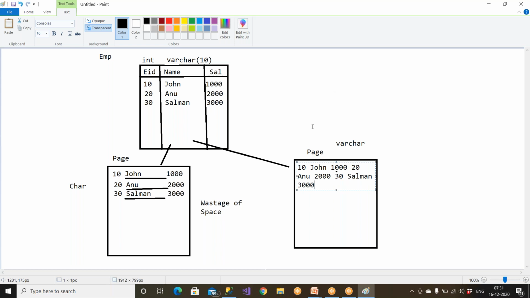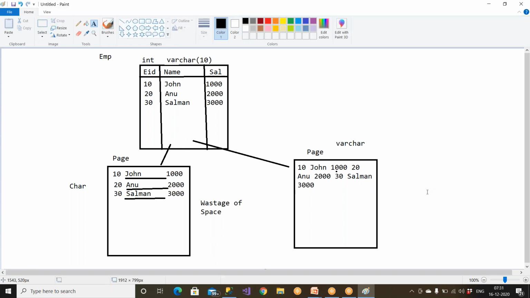Like that, it is not going to leave any space at all. When you go in for varchar data, it is not going to leave any space, but here you will have space. John is 4 characters, and the remaining 6 characters go to waste. Clear? So with character data, you will waste a lot of space on the hard disk, whereas with varchar you don't waste. You say 10 John, and after that no space is left. Clear? So that is varchar data.